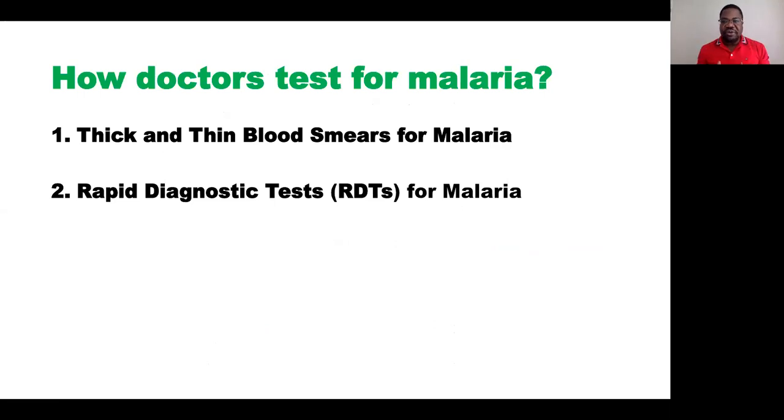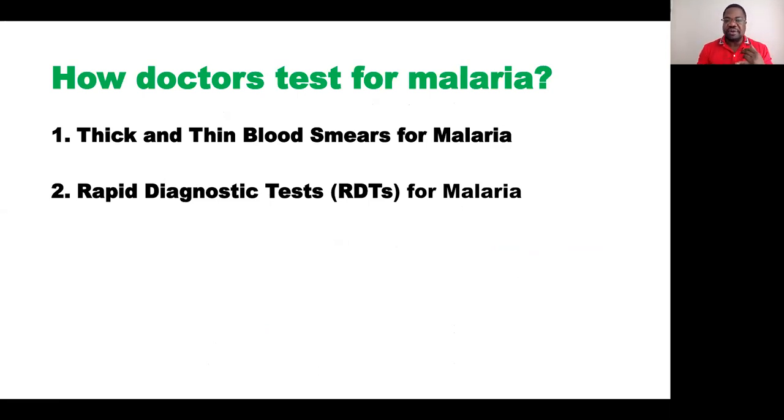Now, when we come to the question of how doctors test for malaria, there are broadly 2 categories of tests that are commonly done. We have other tests, but they are mainly done in the research setting. In the diagnostic setting, there are broadly 2 categories of tests.